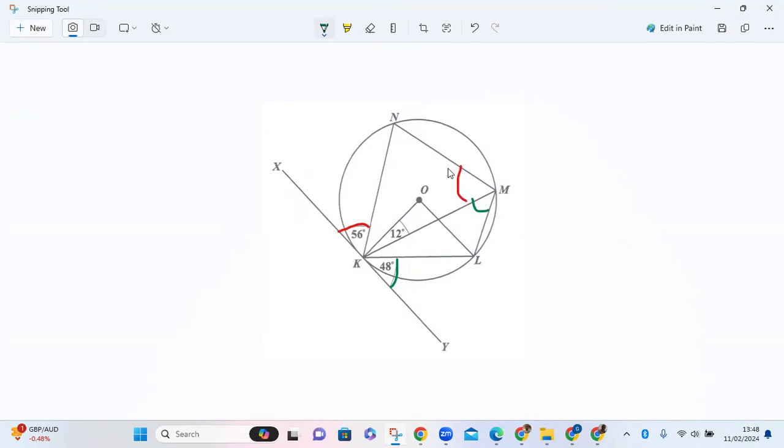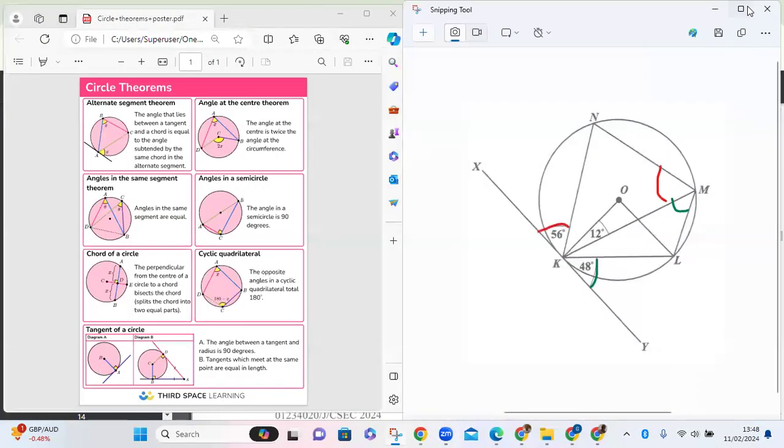And right away, cyclic quadrilateral, we can get this angle here, NML, 48 plus 56, because in the cyclic quadrilateral, opposite angles are supplementary. So we can get NML, subtract it from 180, and we can also get this angle right here, LKN.